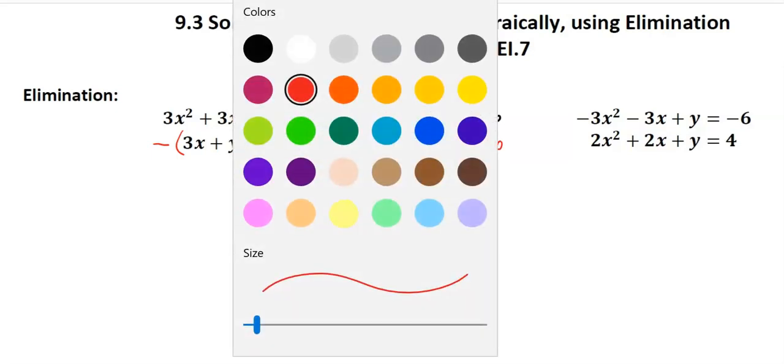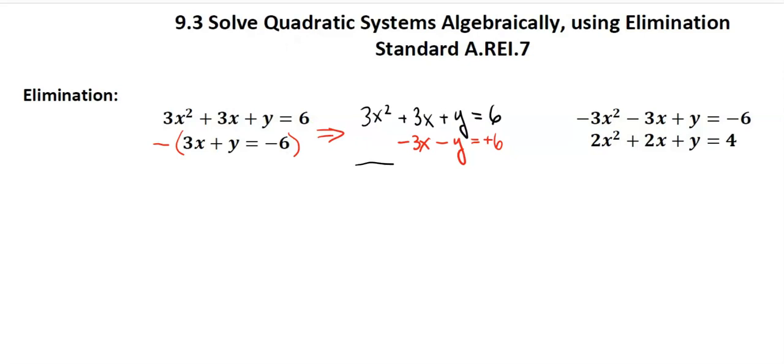And then we go through and we cancel. 3x minus 3x, those are opposites of each other, so they cancel. y and minus y, opposite, so they cancel. 6 and 6 are both the same, so that's 6 plus 6, which is 12.